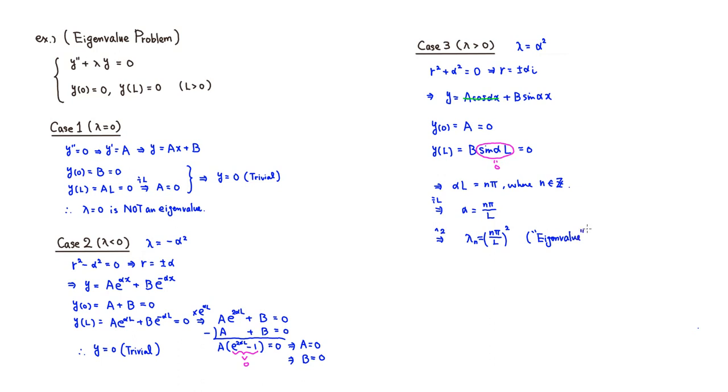Then the following eigenfunction, I'm going to call it y sub n, is going to be sine of, alpha is simply n pi over L, and then x. So these are the eigenfunctions.